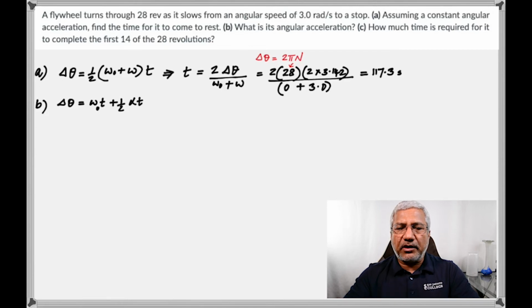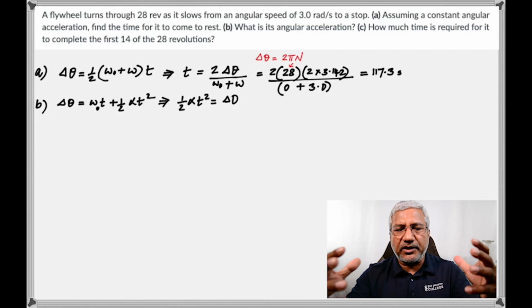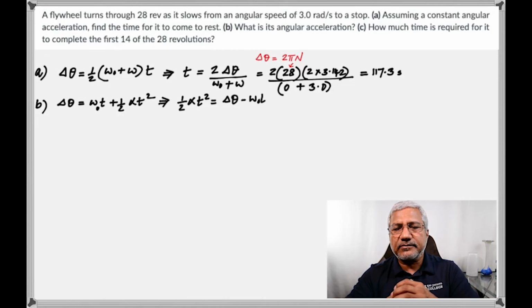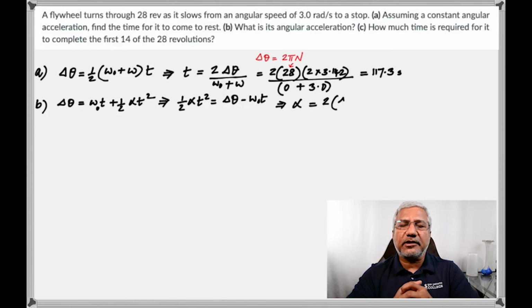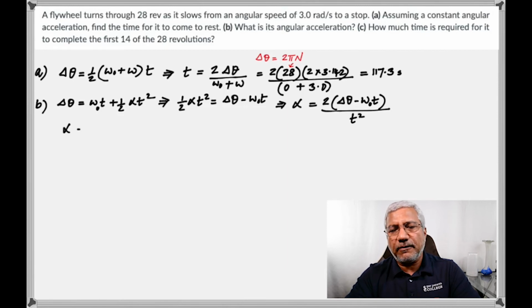In the second part, in the B part, we're asked to find the angular acceleration, which is alpha. So now we use this equation because we have alpha in it. We know the angle described and we're given the time, or rather we got the time, so we can use that, manipulate that equation, make alpha the subject, which is what I've done, and plug in the numbers.